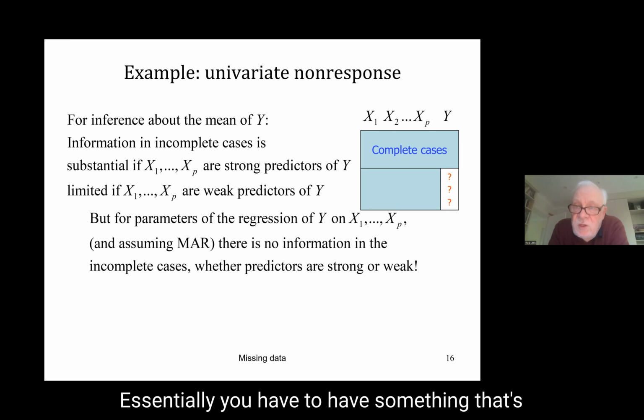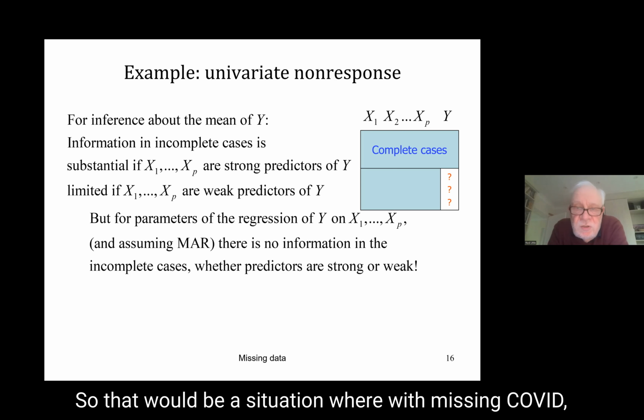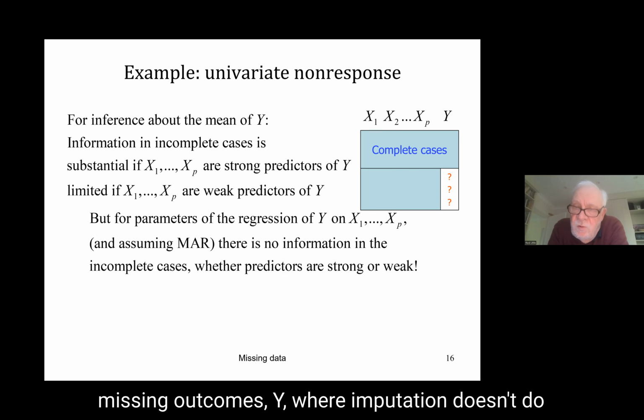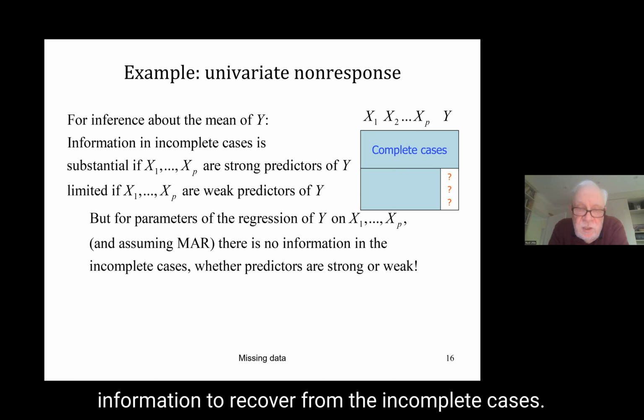Essentially, you have to have something that's correlated with y after conditioning on x1 up to xp. So that would be a situation with missing outcomes y where imputation doesn't do you any good because essentially there's no information to recover from the incomplete cases.